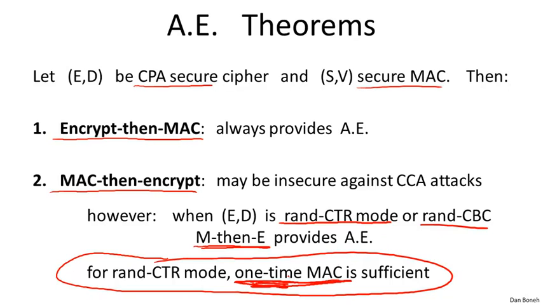It doesn't have to be a fully secure MAC, it just has to be secure when a key is used to encrypt a single message. When we talked about message integrity, we saw that there are much faster MACs that are one-time secure than MACs that are fully secure. As a result, if you're using randomized counter mode, MAC then encrypt could actually result in a more efficient encryption mechanism. However, I'm going to repeat this again.